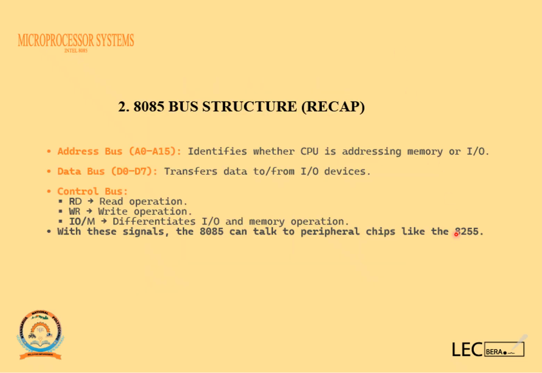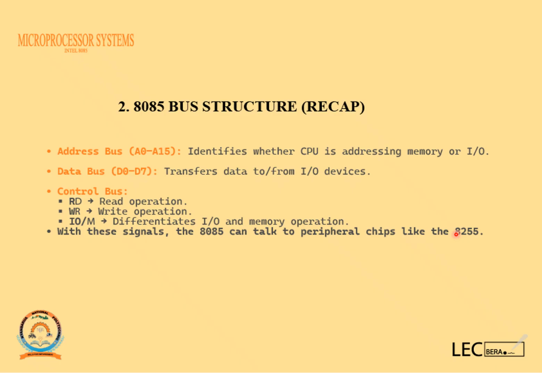Now, for us to understand how to interface our 8255 to our Intel 8085, it is very important for us to recap the bus structure of the 8085. Remember that the 8085 also contains 40 pins. In these pins we have pins for different purposes. We have pins for controls, pins to carry addresses, and pins to carry data.